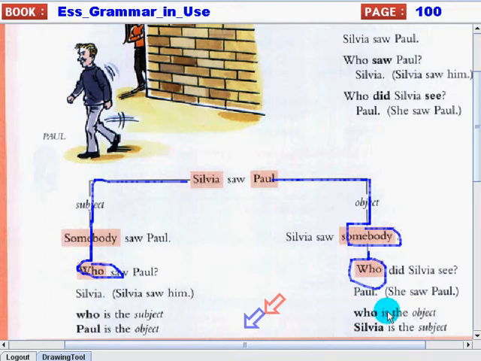Paul is the object. Sylvia is the subject. It was Sylvia who saw Paul. Alright? Sylvia is the subject in our sentence.